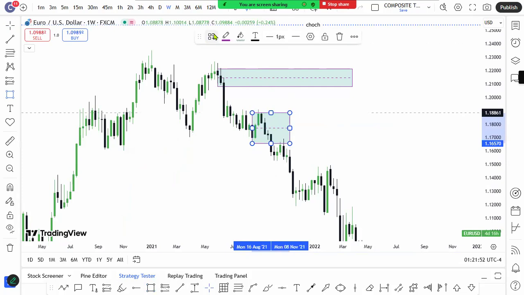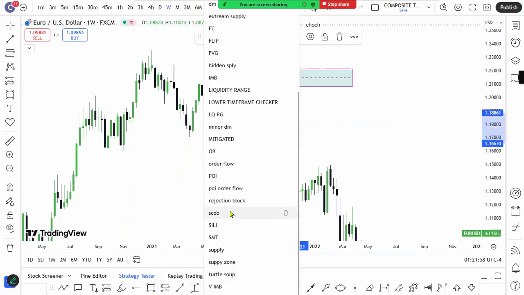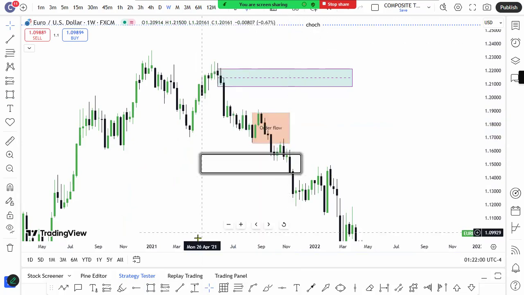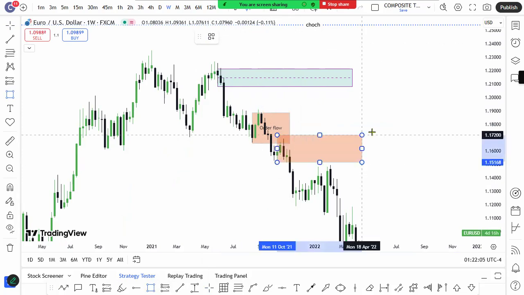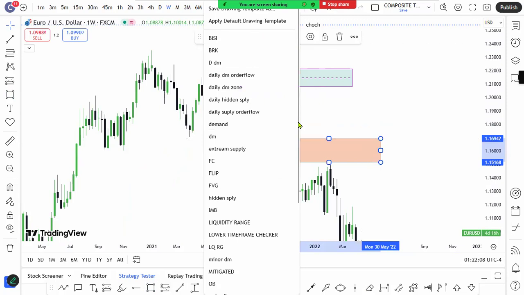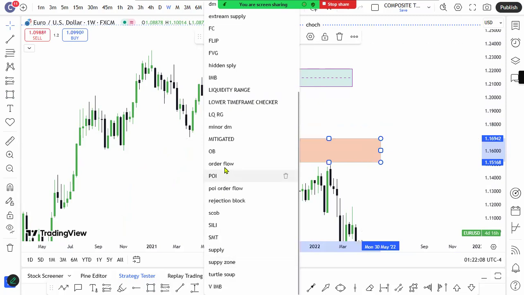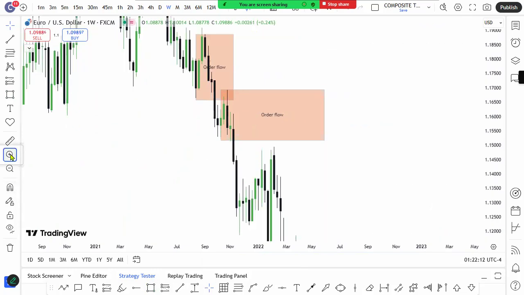This order flow is mitigated. There's another order flow. Okay, there's another order flow that's not mitigated. It will be useful in future. So here we have a sweep of liquidity.